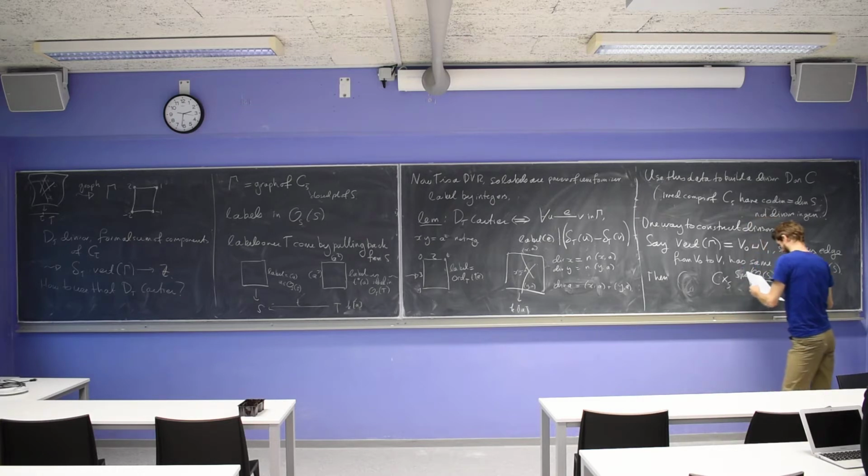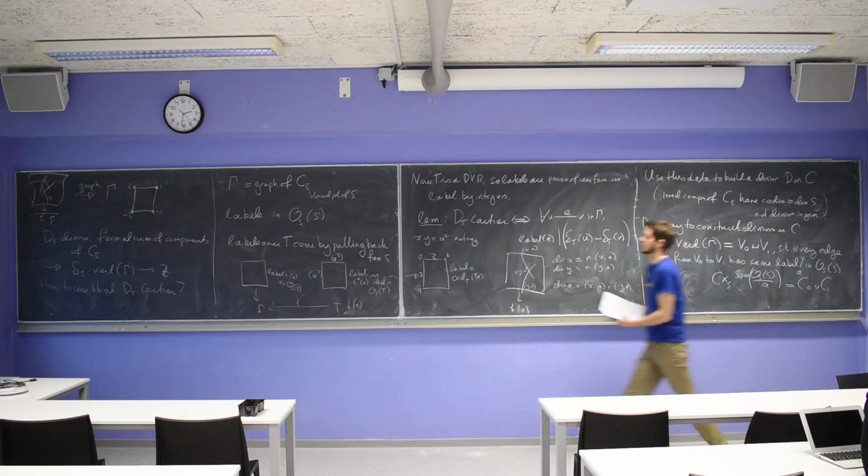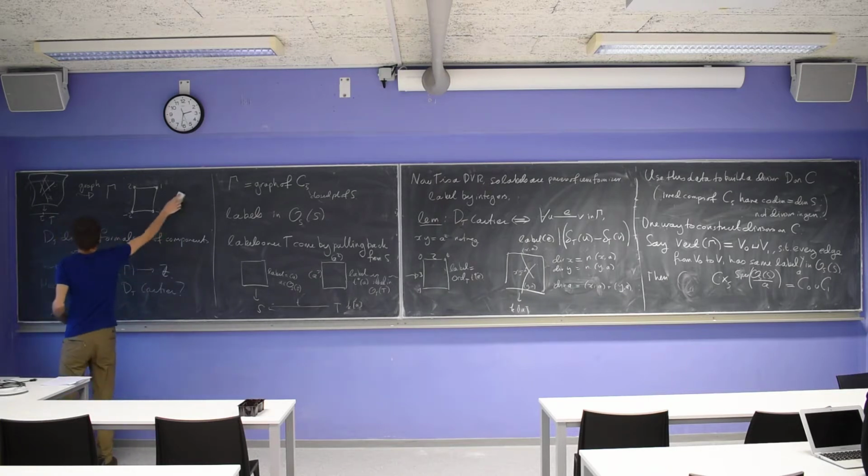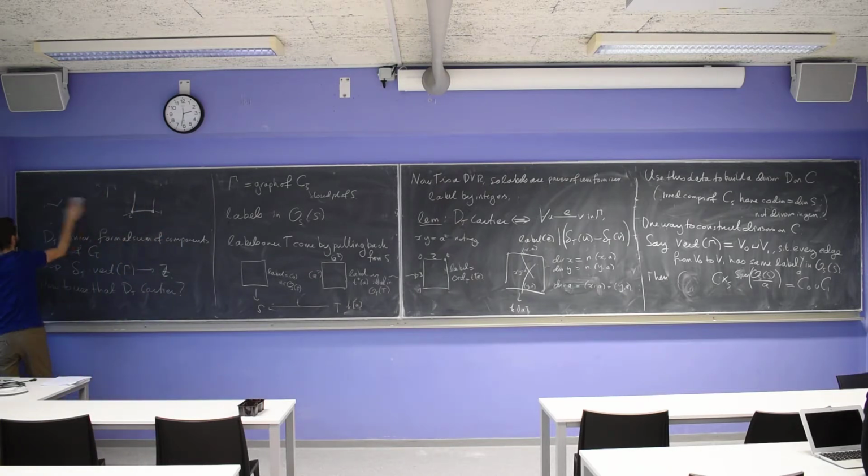So the nice situation would be where you could say, oh, this has two irreducible components corresponding to V0 and V1. But that's not actually true.